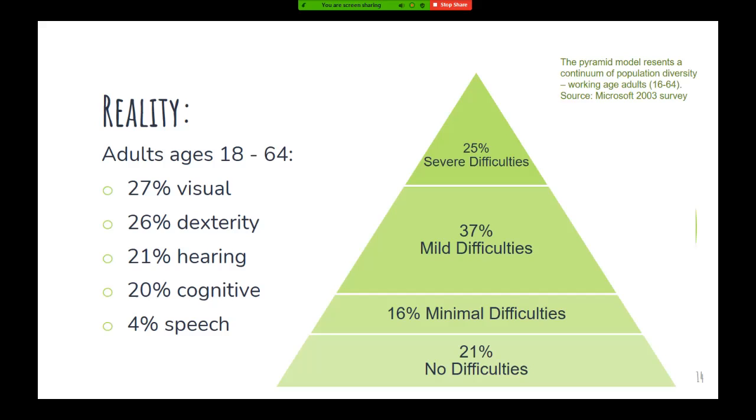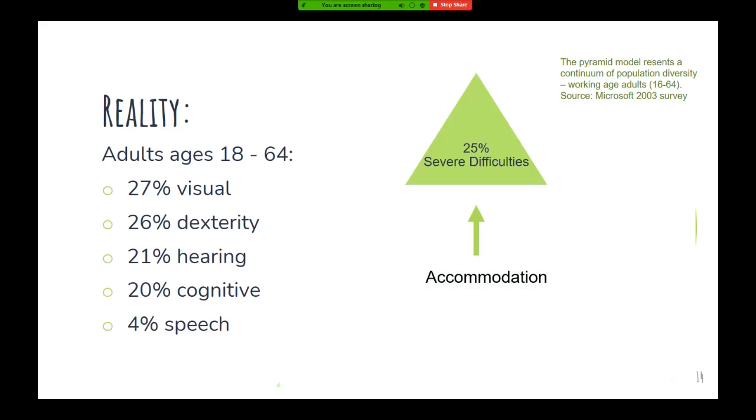And at the very top is where you see the need for intervention, for accommodations. So if we can design our courses and learning experiences for the majority of individuals in our courses versus just that 21% on the bottom, we will still be able to address the needs of most of the pyramid, and the accommodations will be covered.